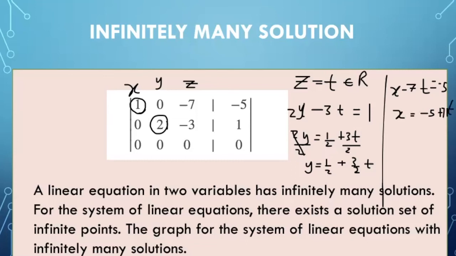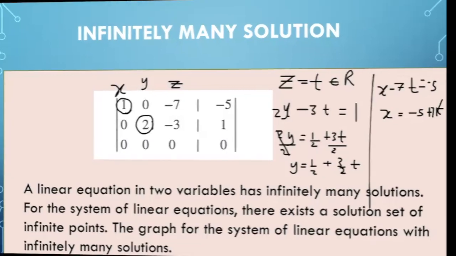And what this is saying is that whatever t is, we get an answer for x, y, and z. So we say that z represents any number, so we consider it to be a free variable, and y and x depend on the value of t. Therefore, we have infinitely many solutions.